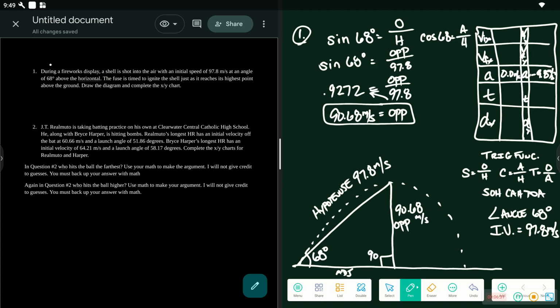The four digits are 0.3746 equals adjacent over 97.8. And again, you're going to multiply 97.8 by that four-digit number.